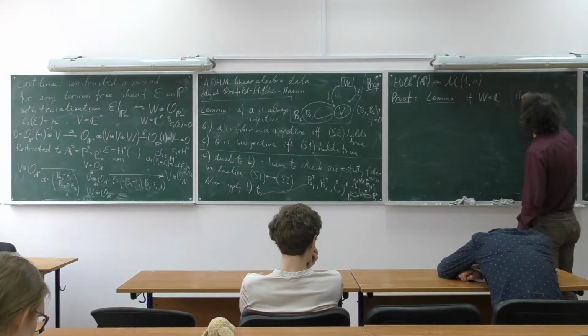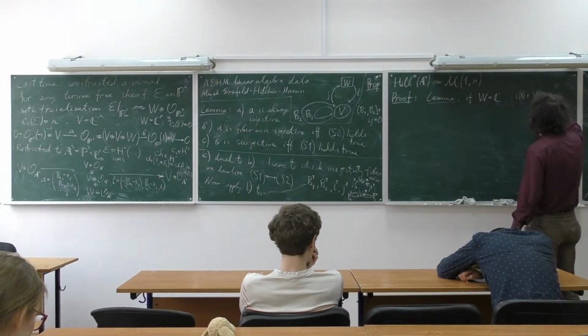I of 1 is a vector in V, and J is a functional on V.